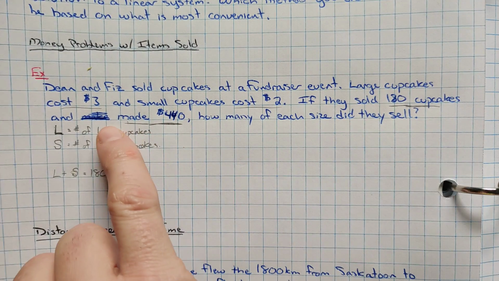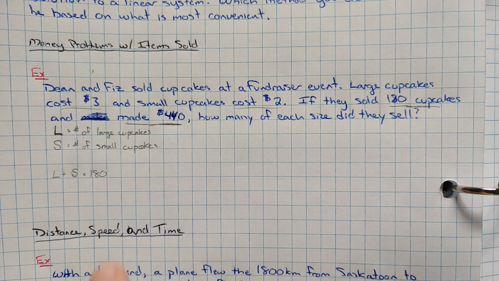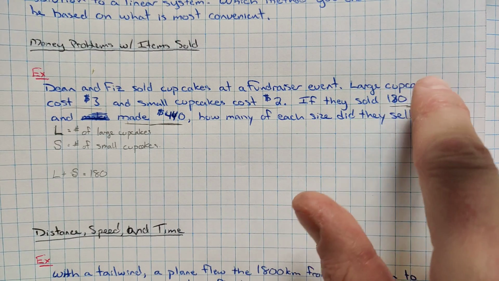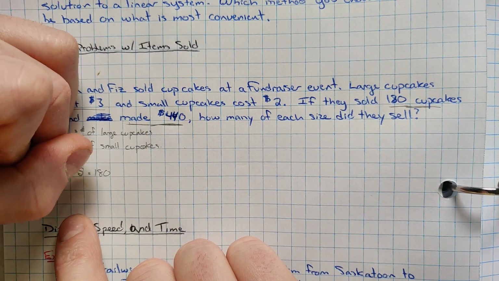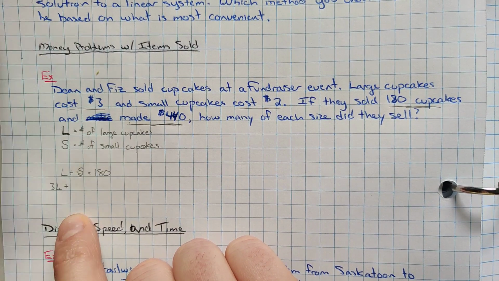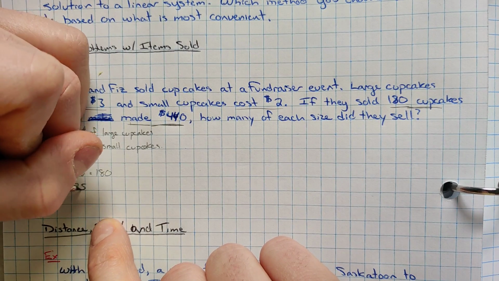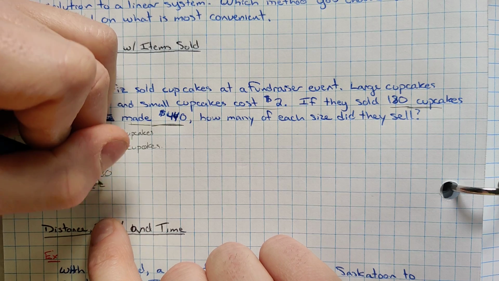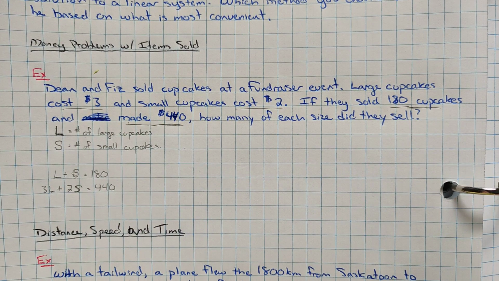And then they made $440. Well, the money they made from the large cupcakes is $3 times L. So 3L plus, and then the $2 per small cupcake, so 2 times the number of small cupcakes they sold, equals 440. So there are two equations, two unknowns.